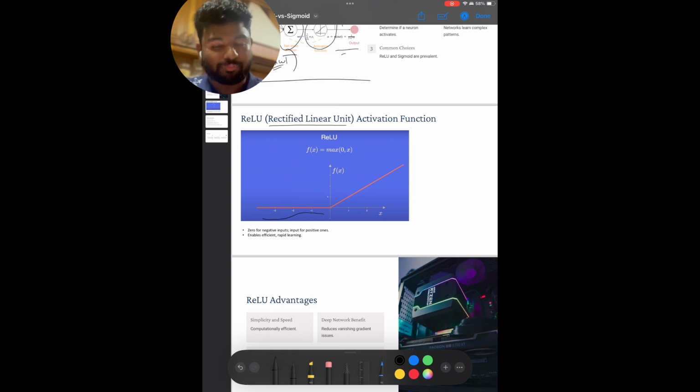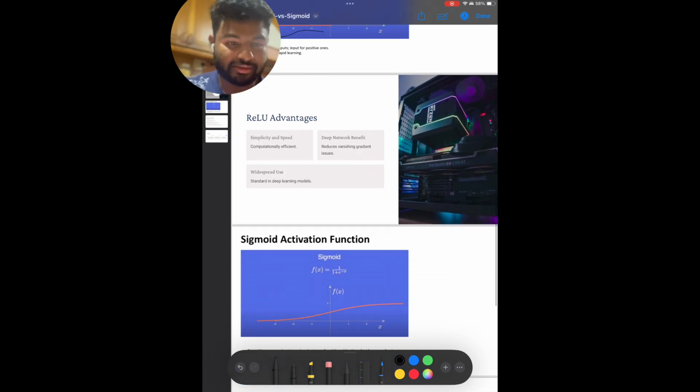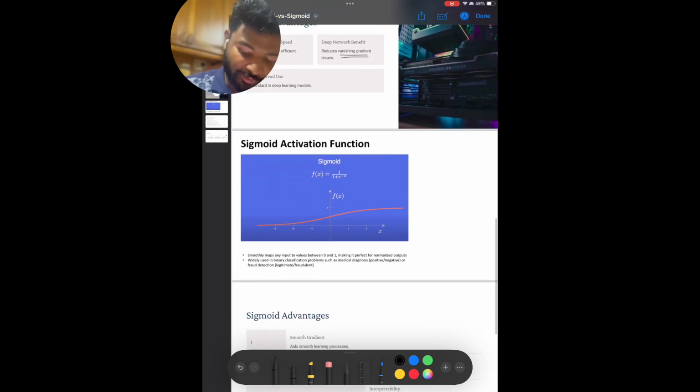Because of this, it learns fast and is very efficient. As for advantages, because it does very simple things, it is computationally very efficient, and it reduces the vanishing gradient problem. The vanishing gradient problem is very interesting to understand, and I'm going to explain it in the next day's challenge. ReLU is the standard in learning models, so it is widely used.